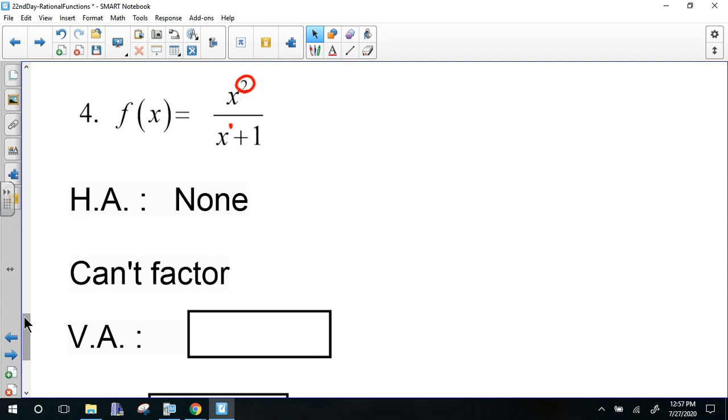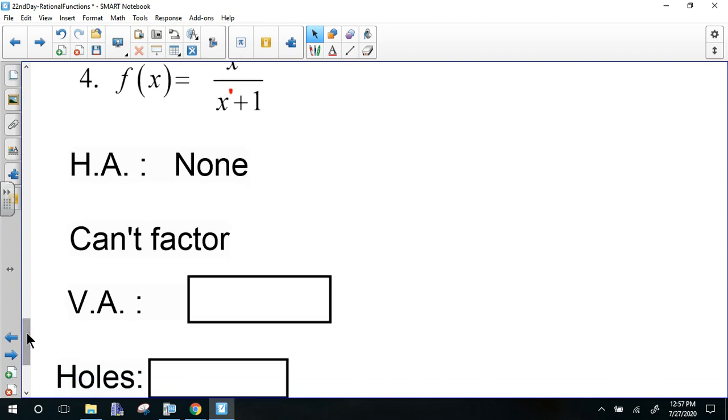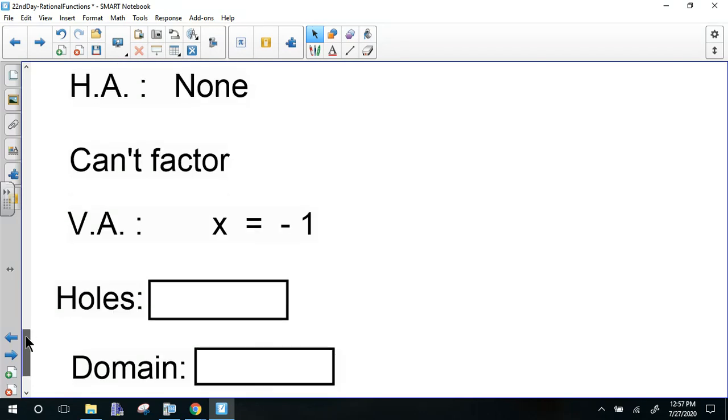Can't really factor it, so the vertical asymptote is going to be at x equals -1. Notice that horizontal asymptotes begin with y equals because they're horizontal across the y-axis. Vertical asymptotes begin with x equals because they cross the x-axis. We didn't factor anything and cancel out, so there are no holes.